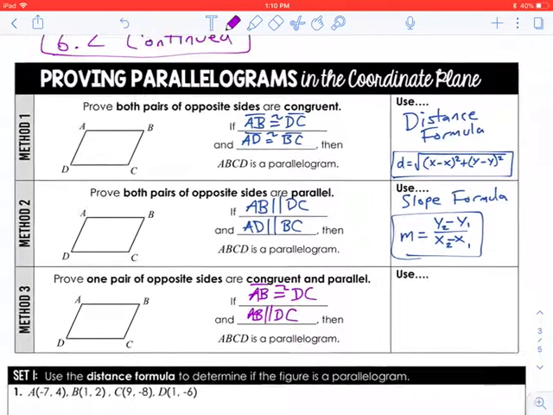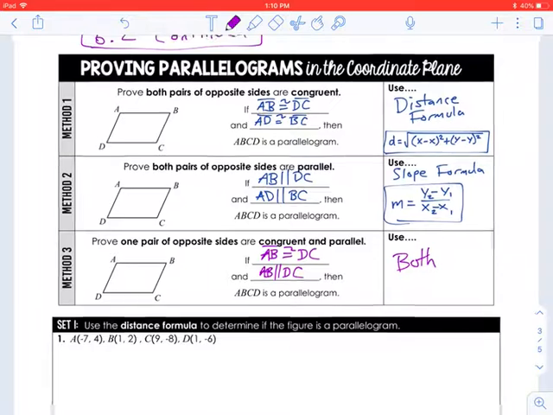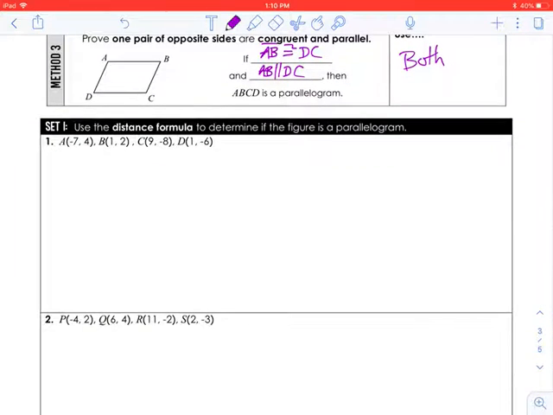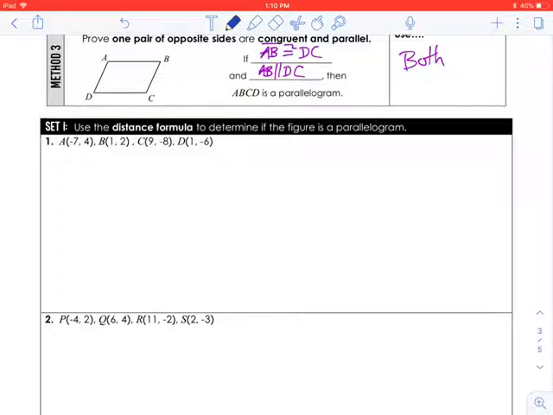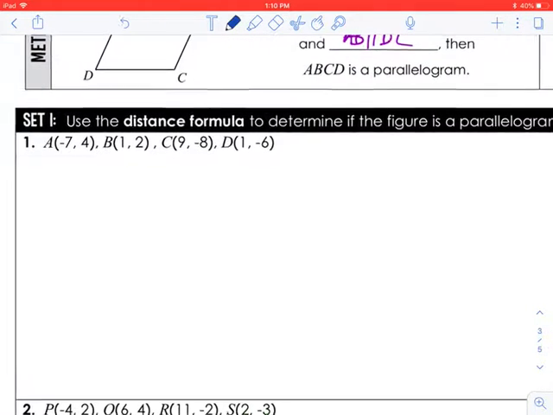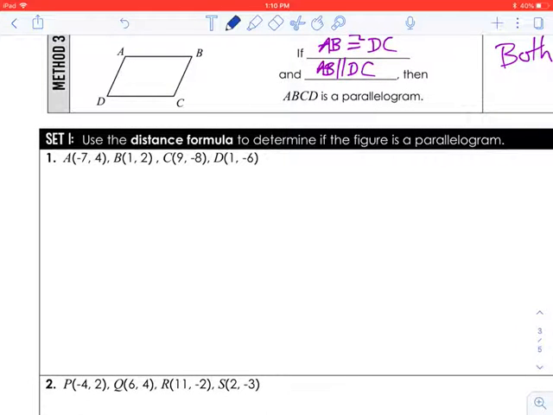In that case, you would use one of each. We're just going to do one of each on here, and then you can practice the other one on your own. For this one, using the distance formula, I'm going to prove that ABCD is a parallelogram. I'm going to set this up the same way, actually.